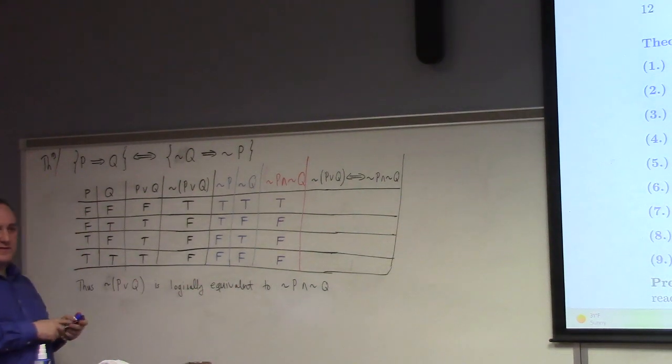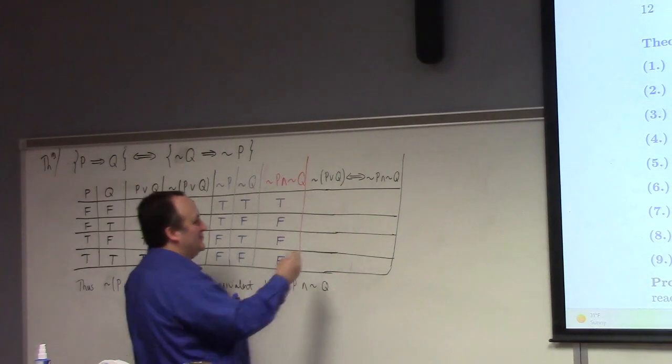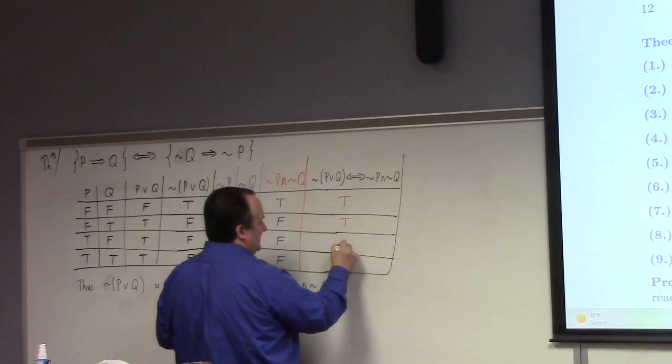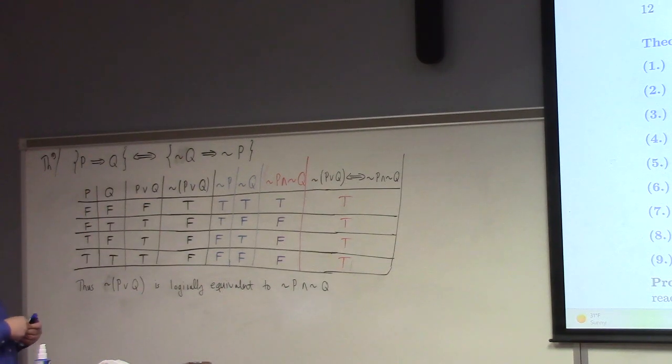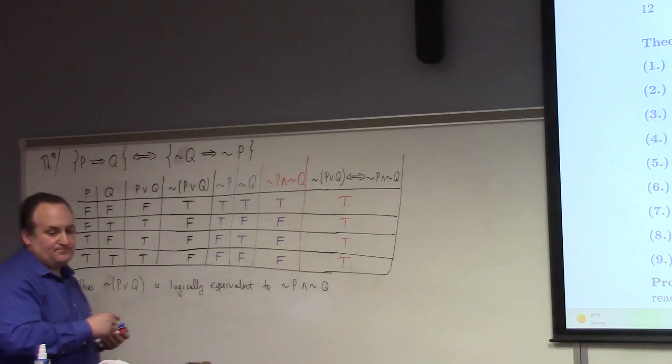Because what would the truth values be in that? True, true, true, true, right? So I'd like to erase that column for the sake of writing more interesting things in that board space, if that's okay with you guys.